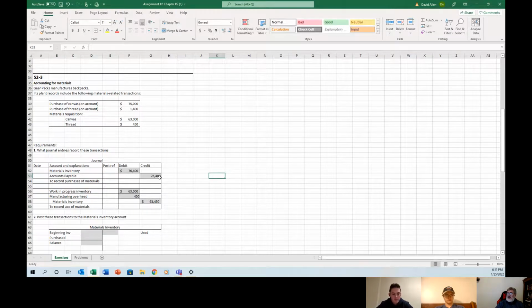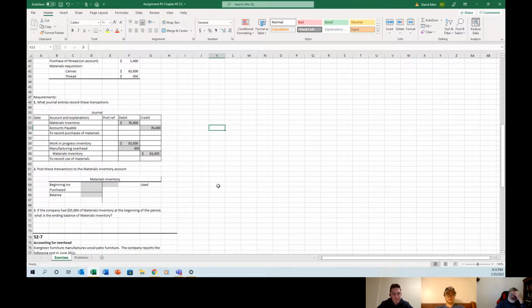We purchased this much, so accounts payable has to have a corresponding balance. Our stuff that we took out of our material inventory to put into our work in progress, some of it direct material, some of it indirect material, but these two have to balance so that the material inventory has a credit for what we took out of them. Make sense? Mm-hmm.